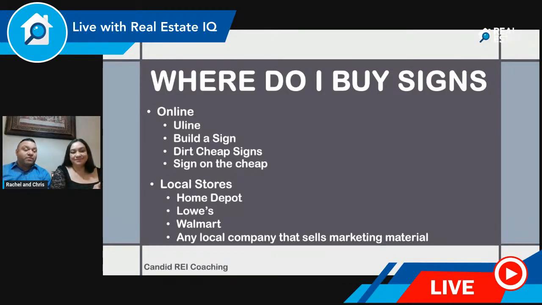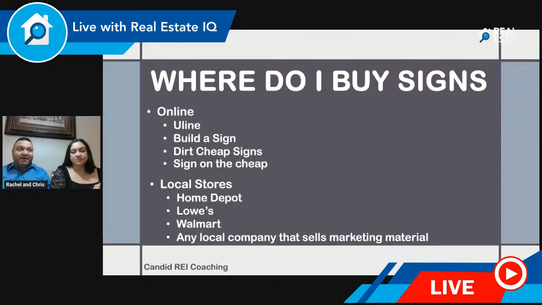Right? So whenever we first started, we looked everywhere to buy these signs. We started just at Walmart's, at Home Depots, and we go online as well. So some of the online websites that you can go to are Uline or Build a Sign, Dirt Cheap Signs, Sign on the Cheap. So right or wrong doesn't matter as long as you start getting some of these signs out there.